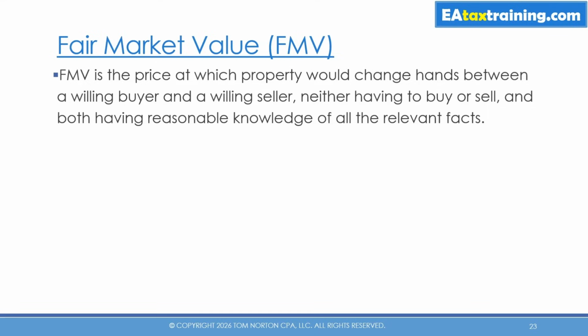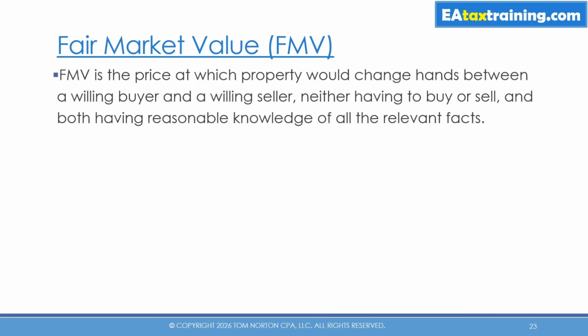So let's say you've got somebody who wants to sell a car. They're not desperate to sell that car, but they're willing to sell it. And you've got somebody else who might be interested in buying a car. They don't really need the car right away. It's not a big emergency, but they'd be willing to buy a car. And then let's also say that they both have got all the knowledge of all the relevant facts.